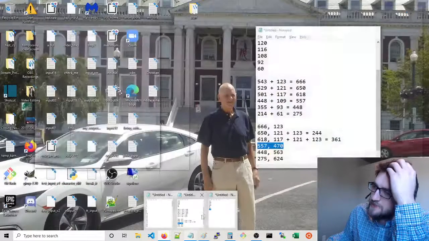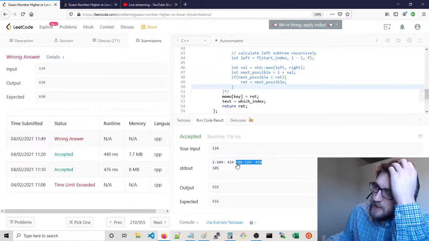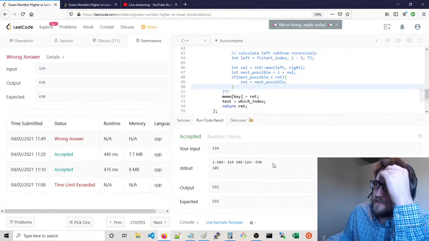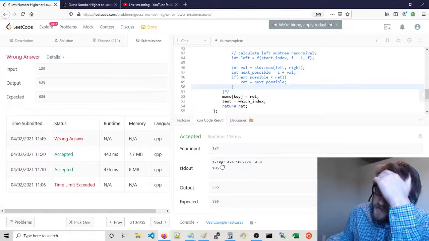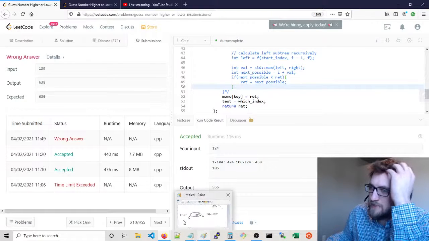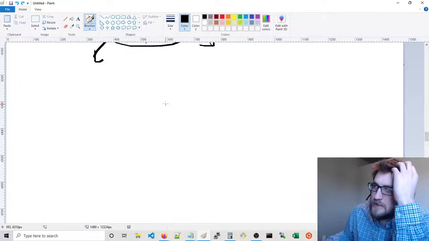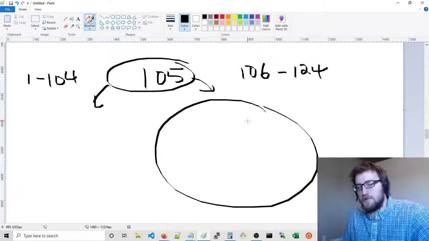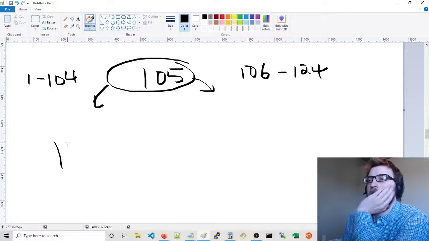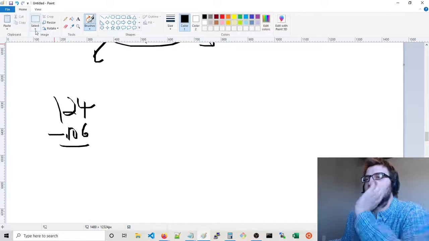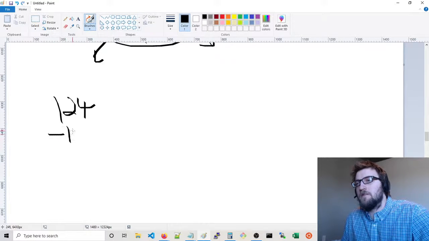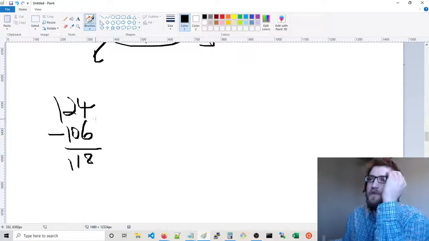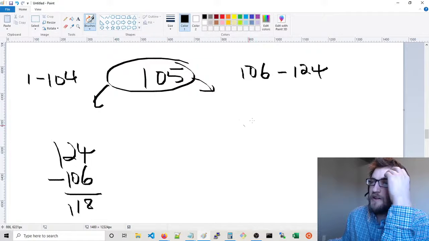So the question is, how do we end up picking that 106 to 124, and how does that give you 450? It's still the right side that's the larger, but it's somehow the organization of these nodes. How many nodes are there? 124 minus 106 is 18, and both edges are inclusive, so we add 1.